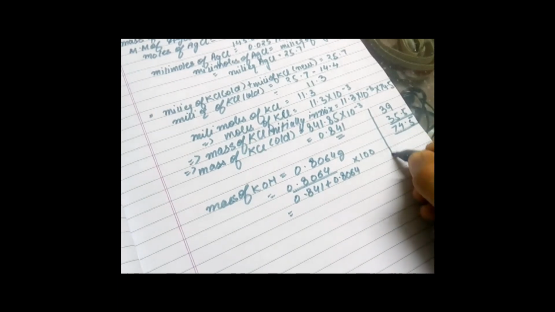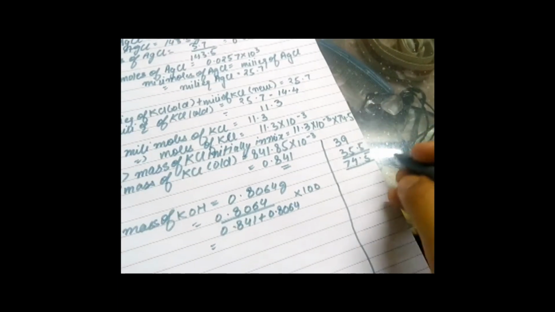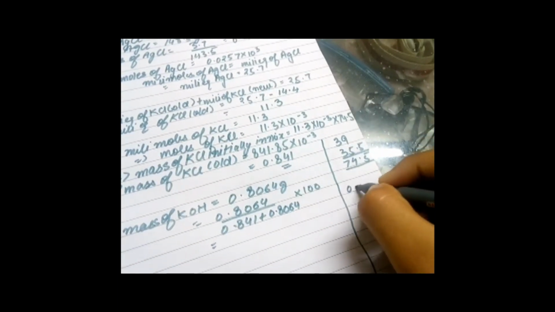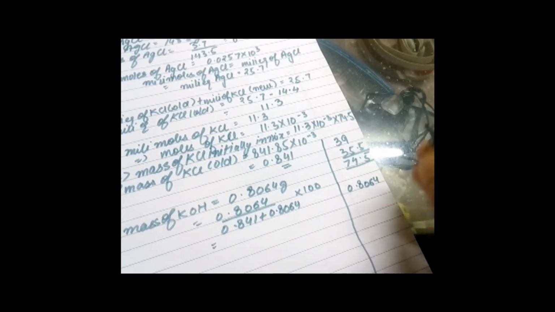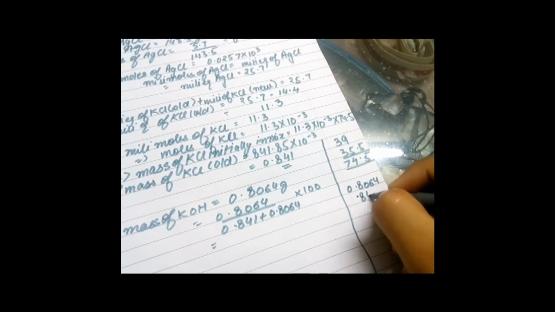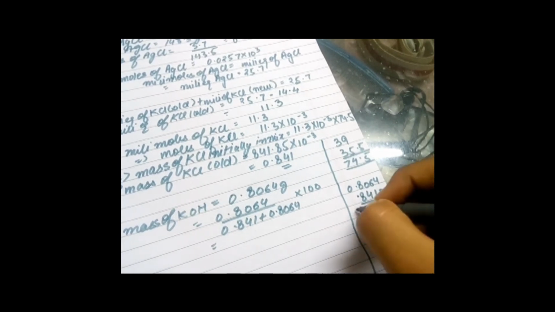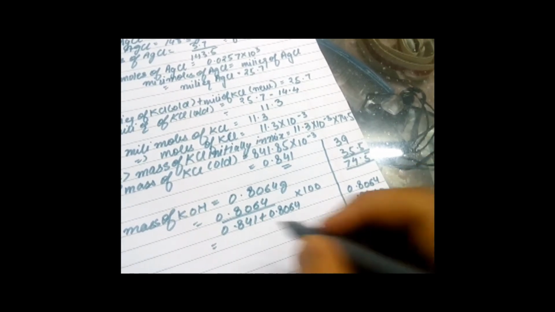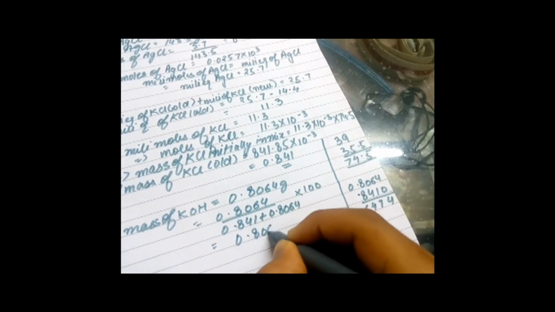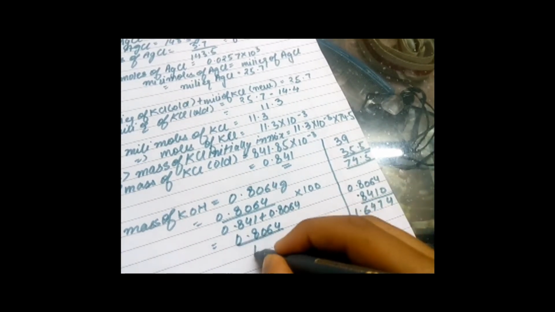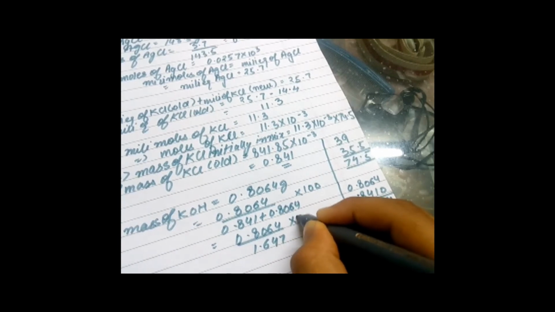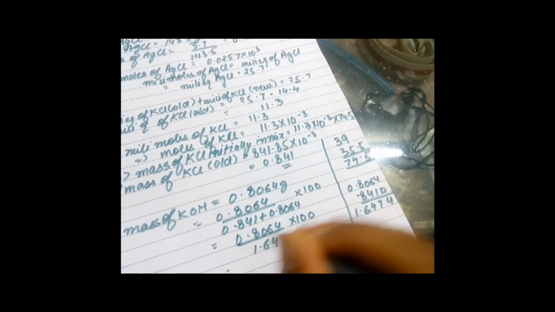So now it will come 0.8064 divided by 1.647 into 100.